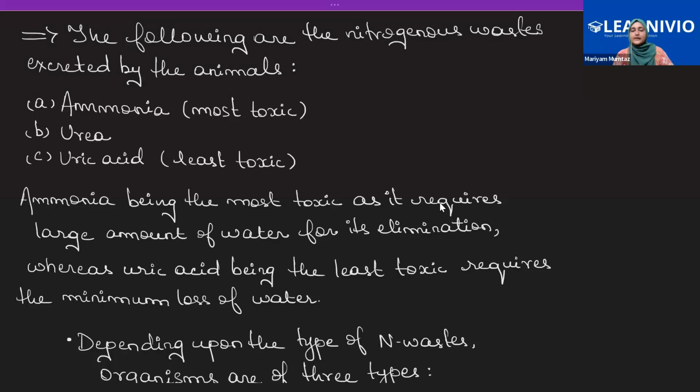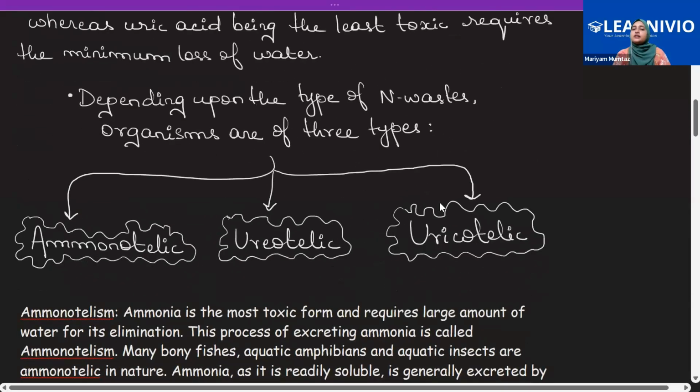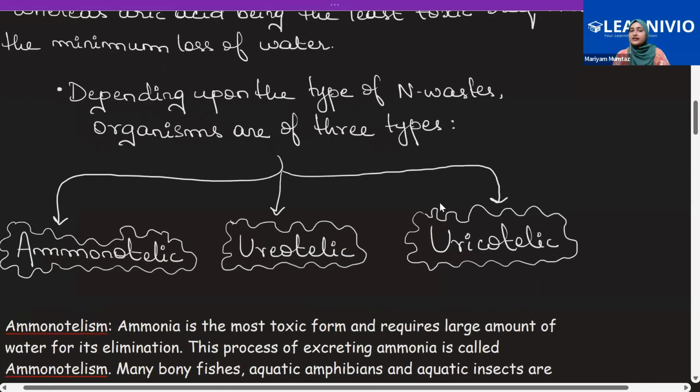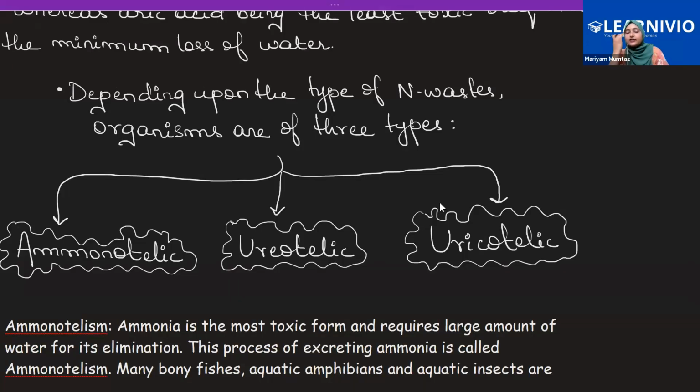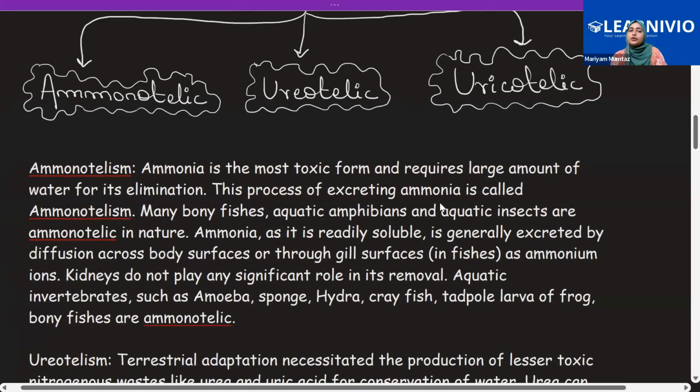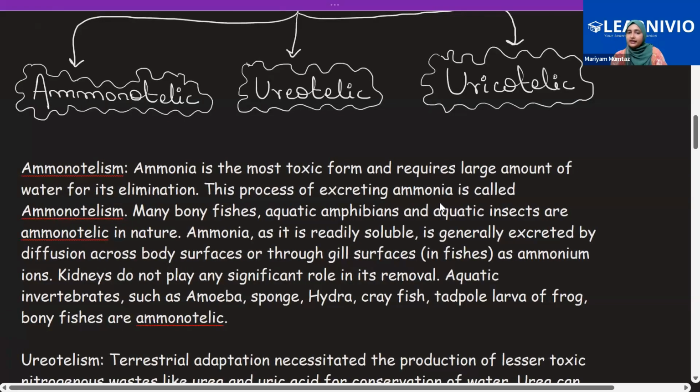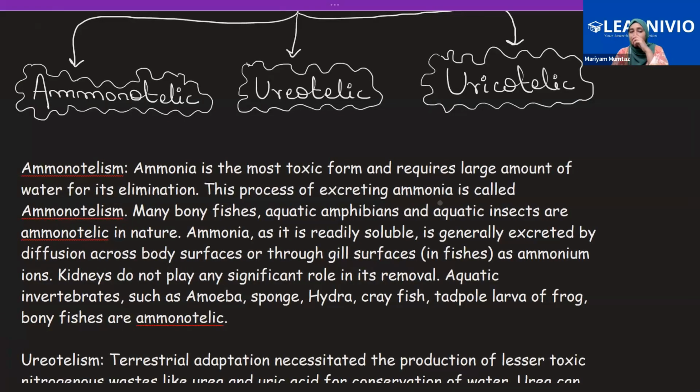Now see, depending upon the type of nitrogenous waste generated by the organisms, they are of three types: ammoniotelic, ureotelic, and uricotelic. Ammonotelism is the phenomenon wherein ammonia is the nitrogenous waste.